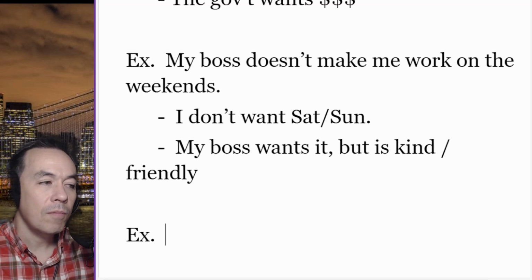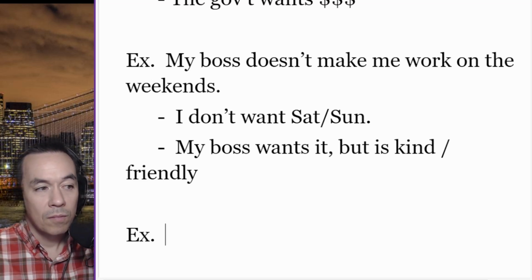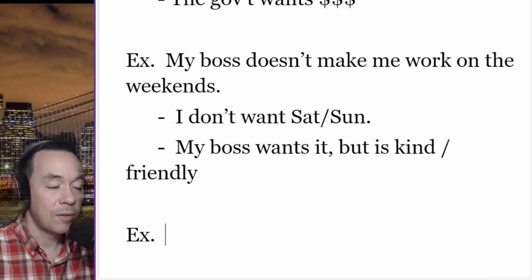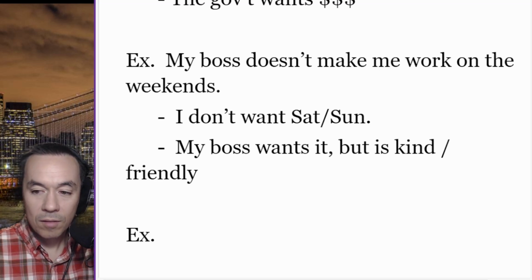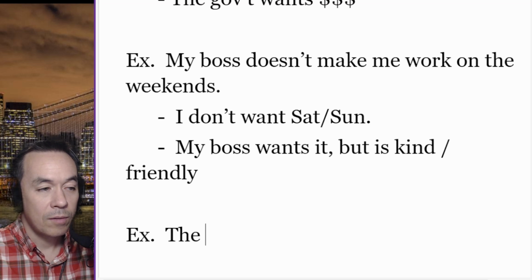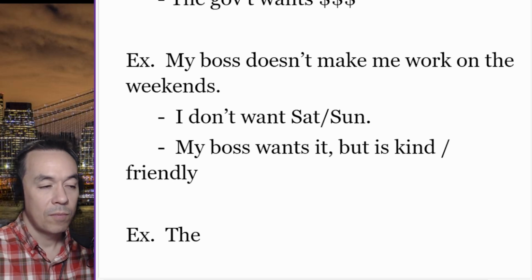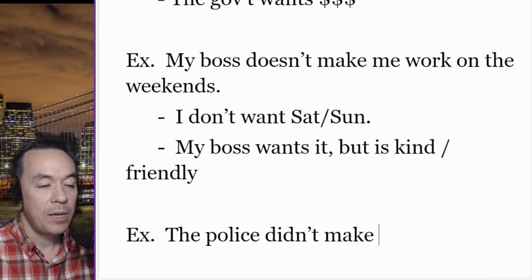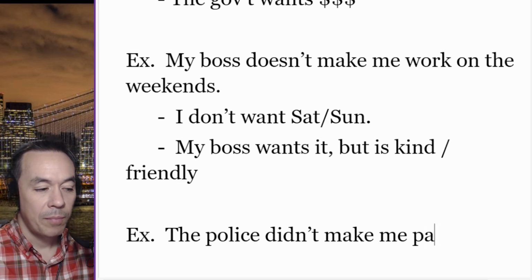All right. Let's use my other examples. Still keep it simple. What's my other example? Let's see. Should I use a police again? Let's say the police didn't make me pay a traffic ticket.